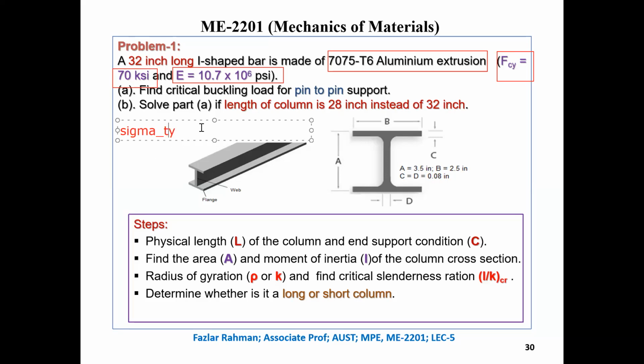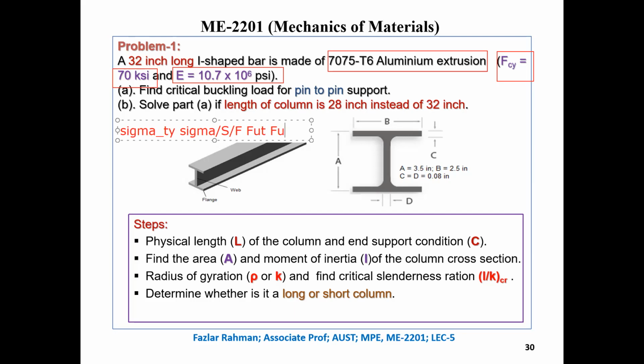And in some books, instead of sigma, they use S or F. That's why in my slide I sometimes put all 3 letters, because whenever you find FY or FUT instead of sigma, in some books or handbooks, FUT means sigma UT, that means ultimate tensile strength.